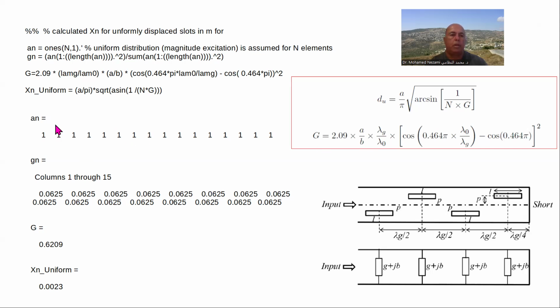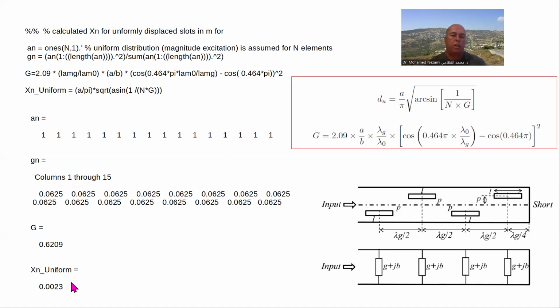So the first one is we assume that we have 16 equal excitations on all of these slots. Then we solve these equations, and this equation should give me this number right here. These G_n in here, what I do is sum them, which is 16, and that's 1 over 16, so that you normalize the distribution and the overall power excitation is equal to the input, which in this case is normalized to 1.